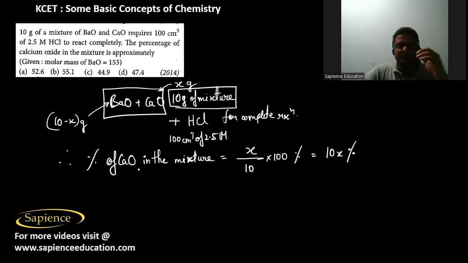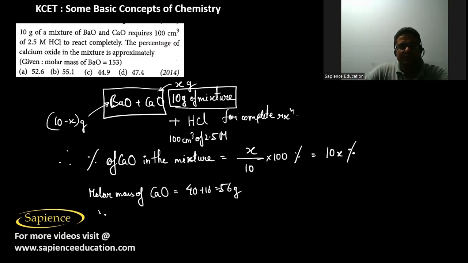So here, the molar mass of calcium oxide will be 40 plus 16, that is 56 gram, and molar mass of barium oxide is given as 153 gram.